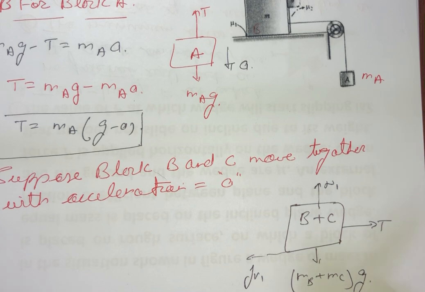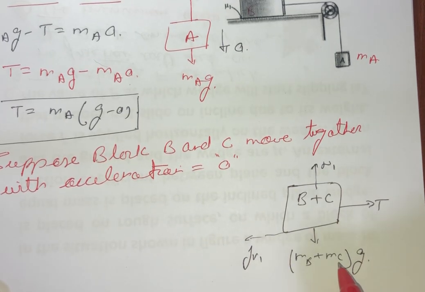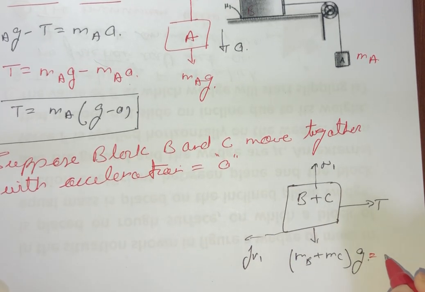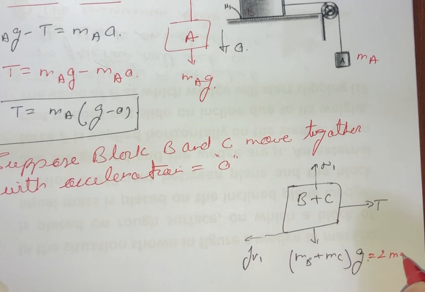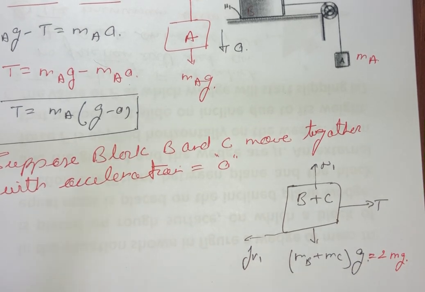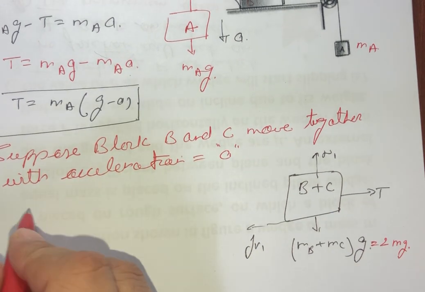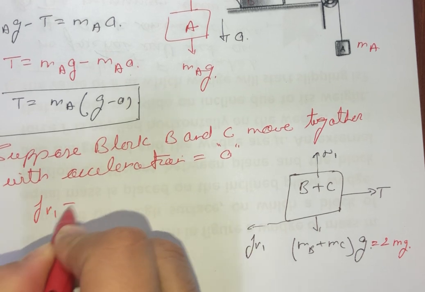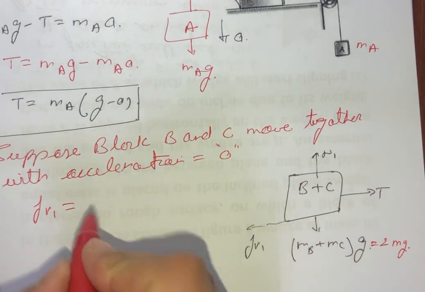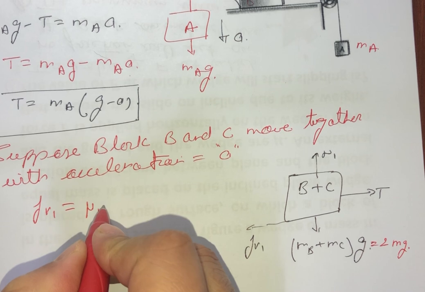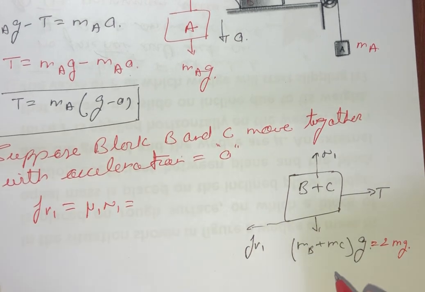The value of MB and MC is the same, so this will be 2mg, and we can write the equation for friction: FR1 is equal to mu1 into N1, and our N1 will be equal to 2mg.